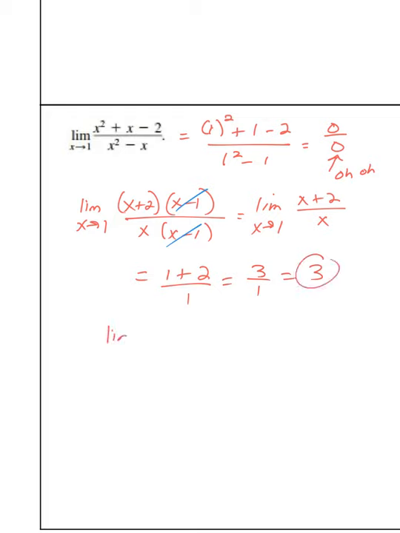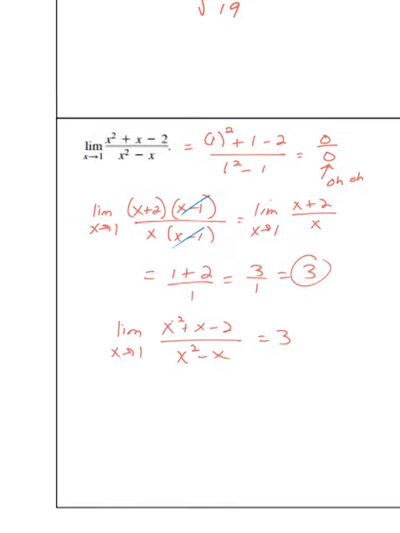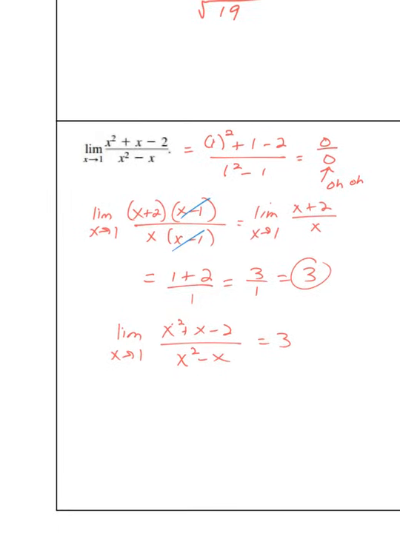So because of that, I know that the original answer is 3, even though I know that there would be a hole there at 1, 3. Both sides would be approaching 3.